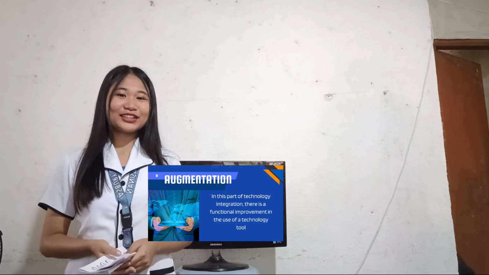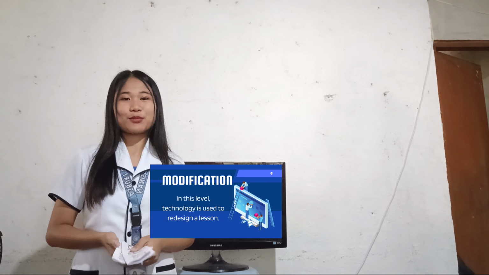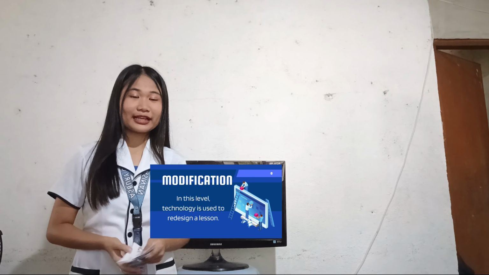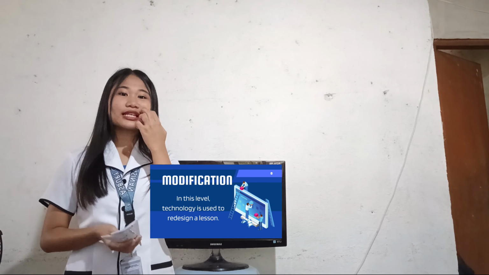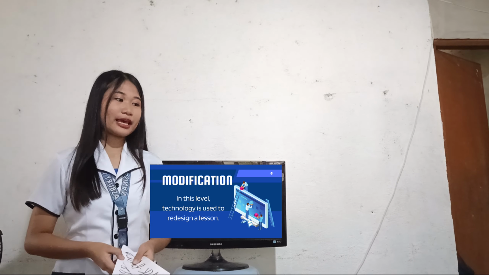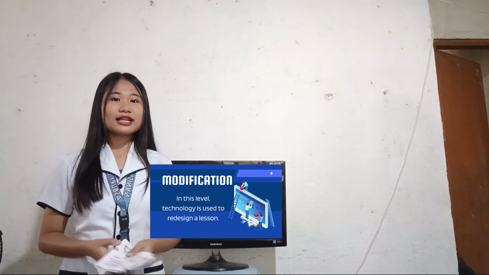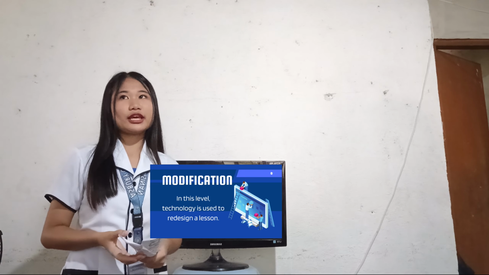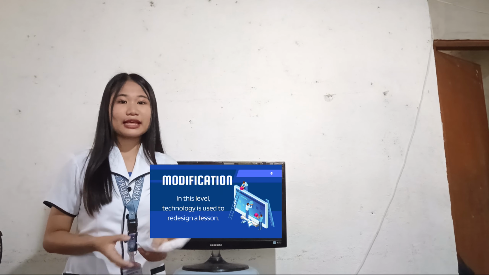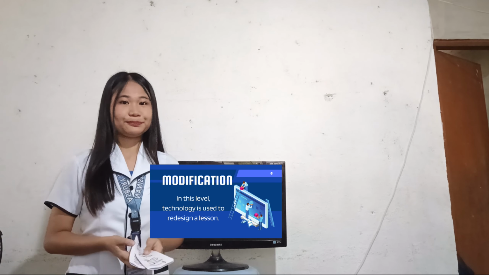Now, let's move on to the next stage, which is modification. In this level, technology is used to redesign a lesson. When we say modification, it is about changing how we teach using technology. In this level of technology integration, we redesign a lesson to make it more engaging and interactive.